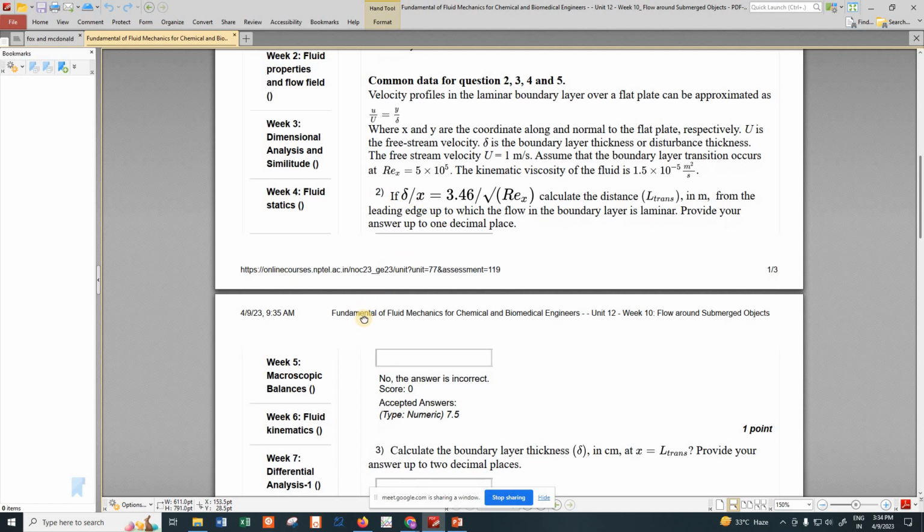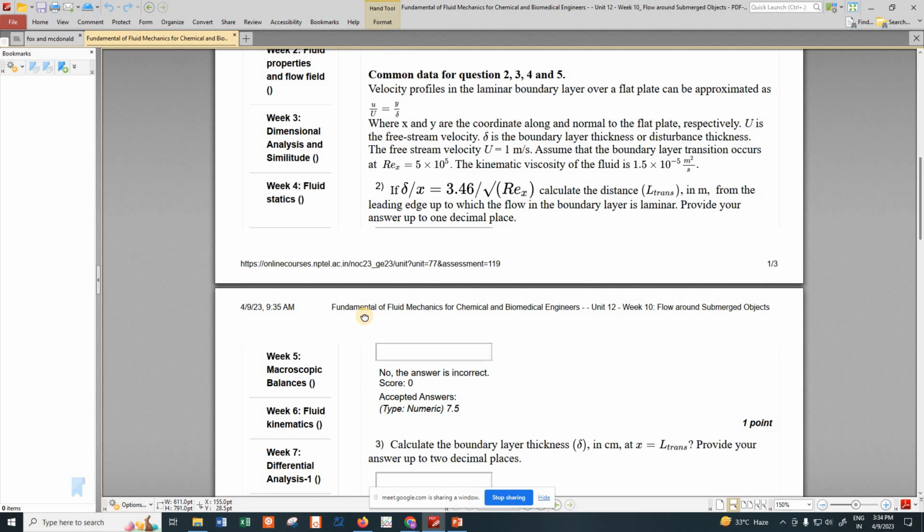U infinity is the free stream velocity, delta is the boundary layer thickness or the disturbance thickness. The free stream velocity u infinity is 1 meter per second. Assume that the boundary layer transition occurs at a Reynolds number value of 5 into 10 to the power 5, and the kinematic viscosity of the fluid is 1.5 into 10 to the power minus 5 meters square per second. So everything is in SI units.